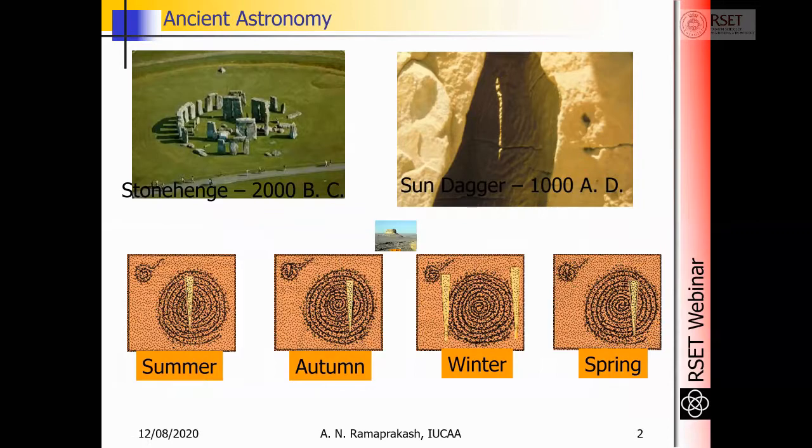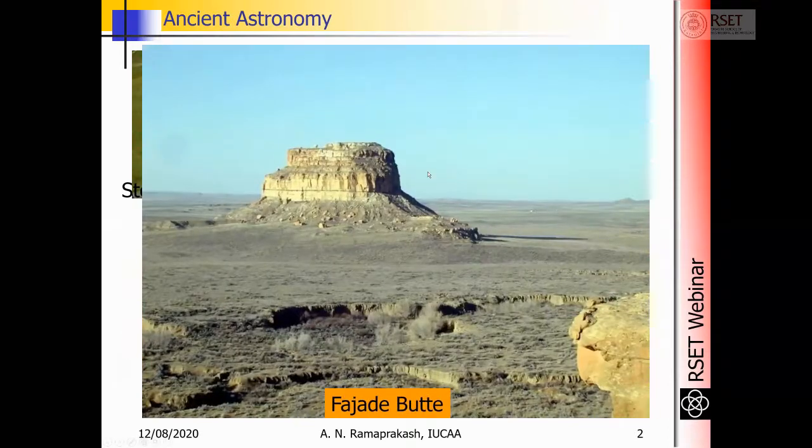Now, the amazing thing is that this structure, the spiral pattern and the sunlight shadowing arrangement, has been created on top of this outcrop in the middle of a desert. So in those days, hundreds of years ago, people made such a tremendous effort to climb on top of this mountain or this hill, create these structures, and so on and so forth.